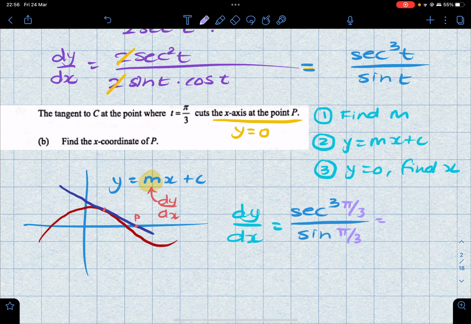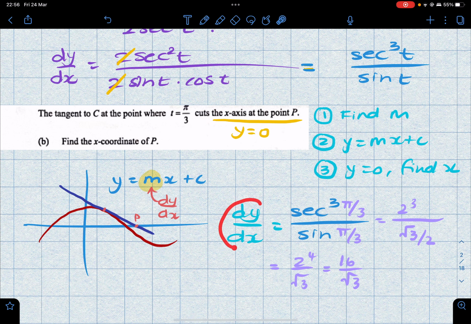So that's cosine 60, which is 1 over 2. And sine 60 is root 3 over 2. So that should give you 2 to the power 4 over root 3, sorry. 2 to the power 4 is 16, so it's 16 over root 3.